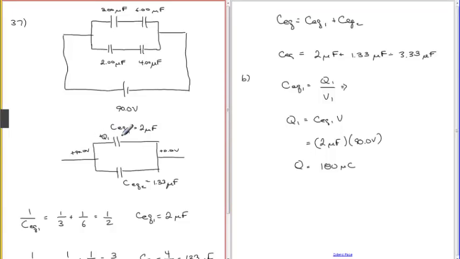So we have plus Q1 here, minus Q1 there. The second thing is we'll do the same thing with the other equivalent capacitance. C equivalent 2 is equal to Q2 divided by the voltage, which is the same because we have 90 volts across those. If we want to solve for Q2, it's equal to C equivalent 2 times V. I probably should just use V instead of V1. Let me erase those.